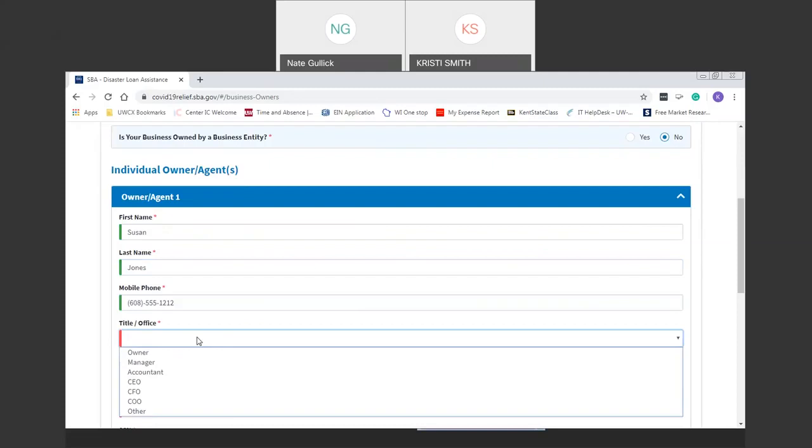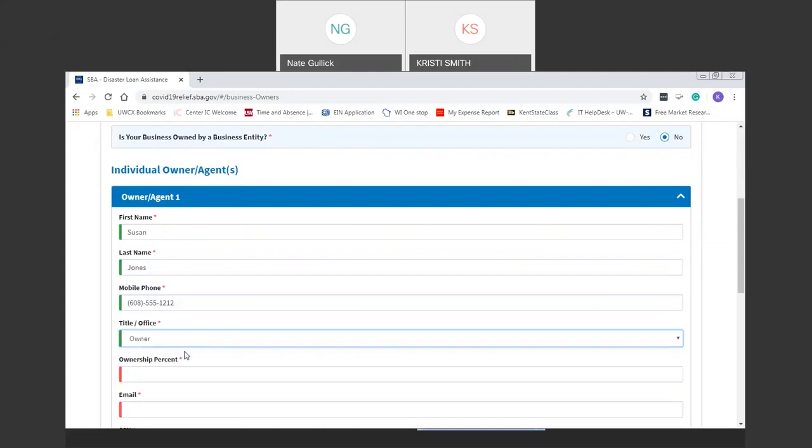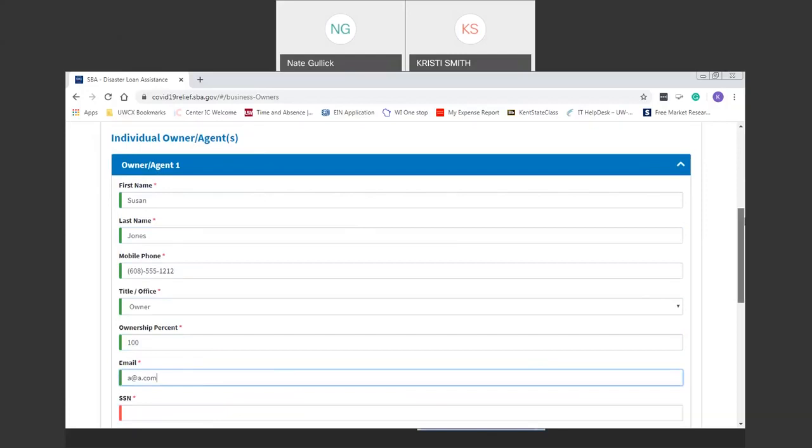And her title here would be owner. Her ownership percent, we're typing only numbers in here again, and I'll put 100 for her. Her email, again, you may have already entered this. It's just if this information is different, you would change it. Otherwise, enter the same information again.